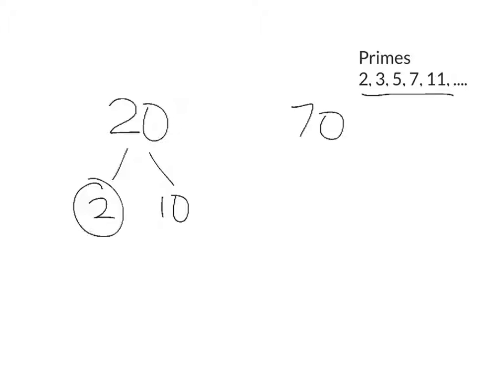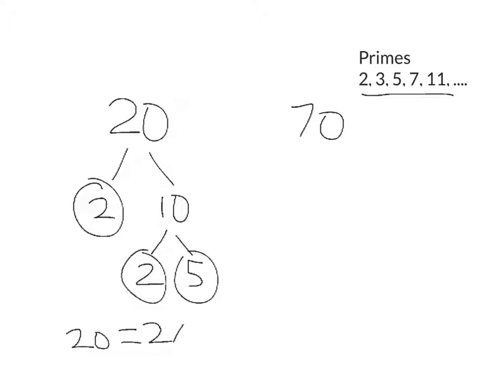Is 10 prime? No, it's not, because I can still make another multiplication problem out of it. So this is going to be 2 times 5. It's going to be 2 and 5. And both those are on that list. So 20 prime factorized is going to be equal to 2 times 2 times 5.